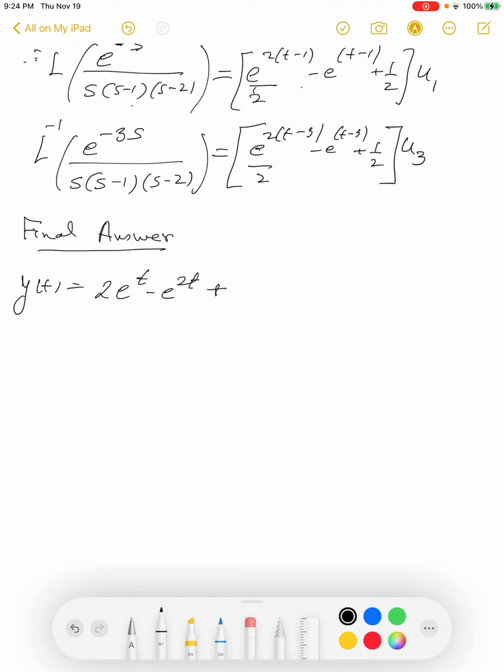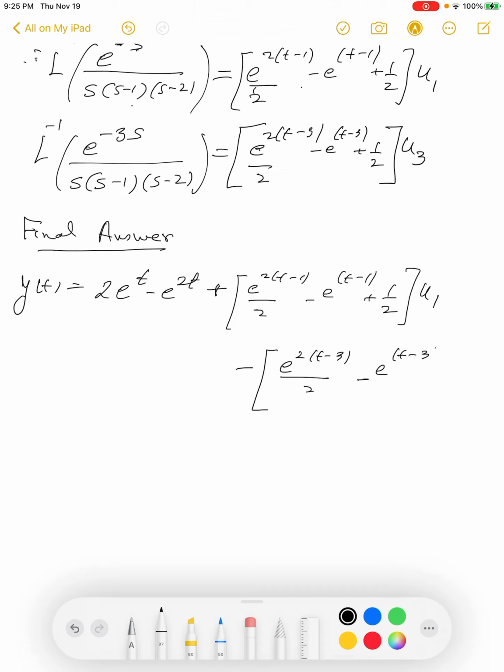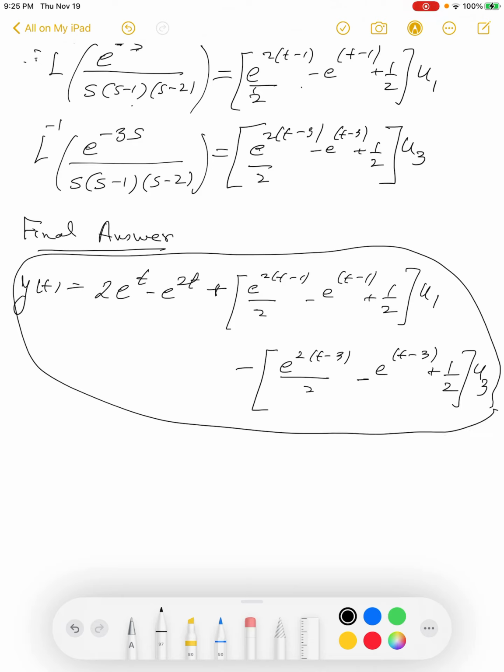So plus e to the 2 times t minus 1 by 2 minus e to the t minus 1 plus a half, times u1, minus e to the 2 times t minus 3 by 2 minus e to the t minus 3 plus a half, times u3. So that's your solution to the IVP.